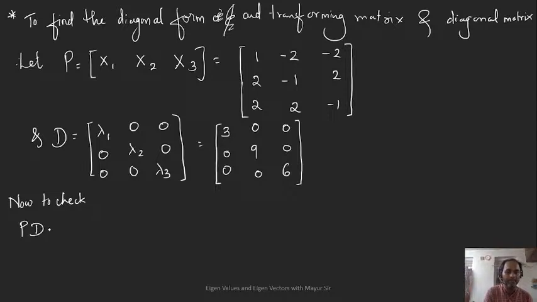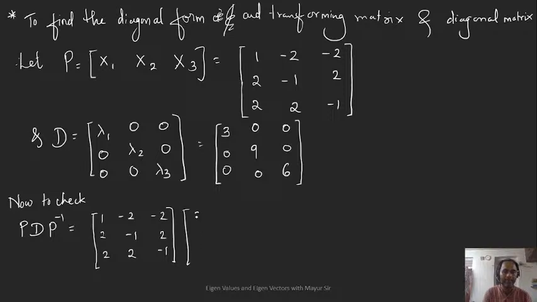To check P D P inverse, in the calculator you will need to calculate this: 1 2 2, minus 2 minus 1 2, minus 2 2 minus 1. We need to calculate the inverse also, so we will calculate that.